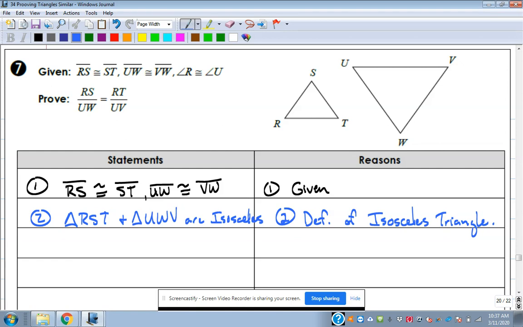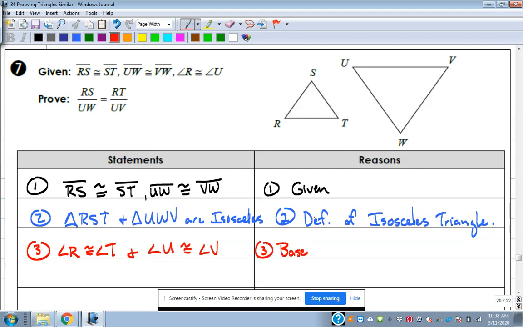Okay, and then because those are isosceles, in step 3, we can say that angle R is congruent to angle T, and in the other triangle, angle U is congruent to angle V. There's not really a name for this.